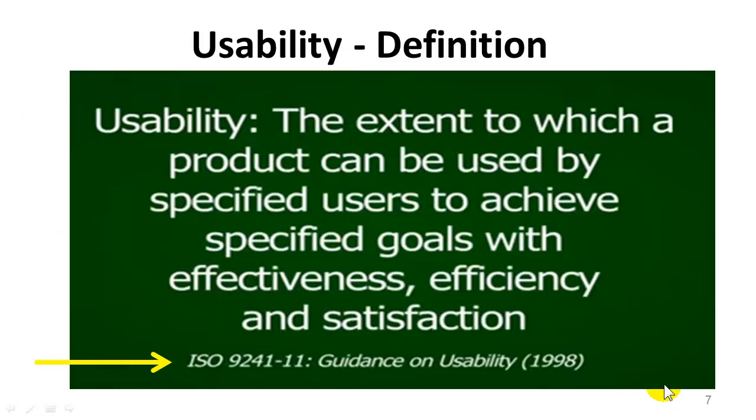All right, a technical definition: the extent to which a product can be used by specified users to achieve specified goals with effectiveness, efficiency, and satisfaction. So we are talking about specified users achieving specified goals. That takes us back to the very beginning, which is why it is so important to identify your goals and your users, because everything ultimately goes back to that.